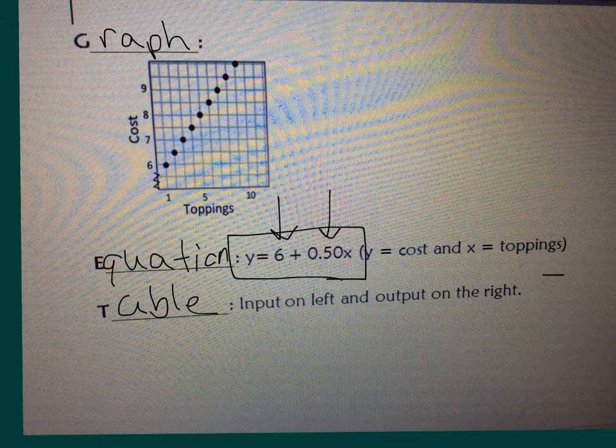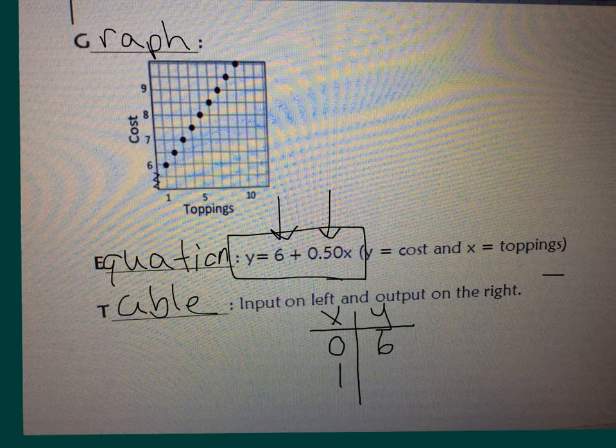A table is where you have the input on the left and the output on the right. If I drew a table of this data, I would represent it the following way. 0 would be the least amount of toppings that I could have. So at 0 toppings, this pizza would still cost $6.